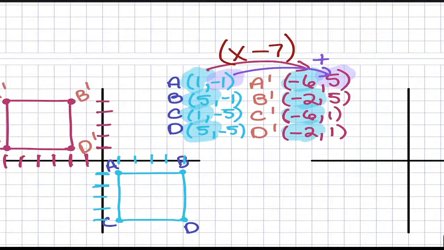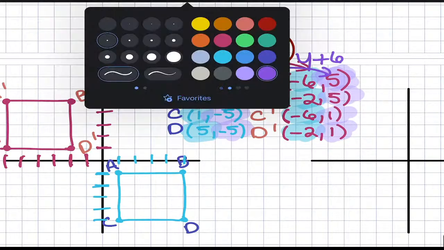And hopefully you said you have to go plus 6. So the y value, we think, we're going to check it, should be y plus 6. Okay? Let's find out. Is negative 1 plus 6 equal to positive 5? Yep. Negative 1 plus 6 is positive 5. Yep. Negative 5 plus 6 is positive 1. Yep. Good to go.